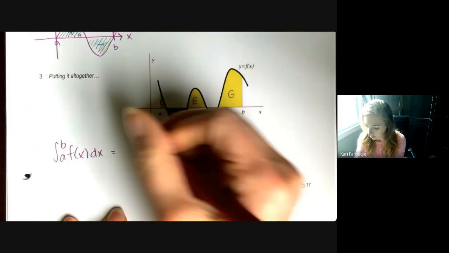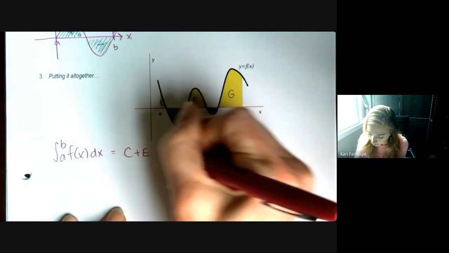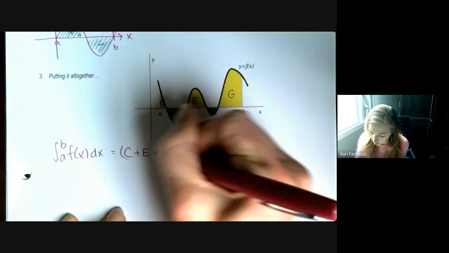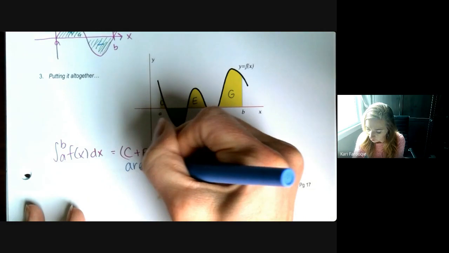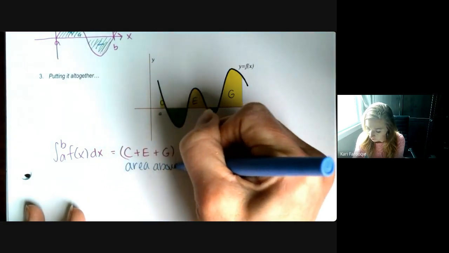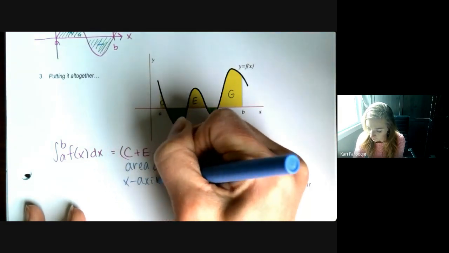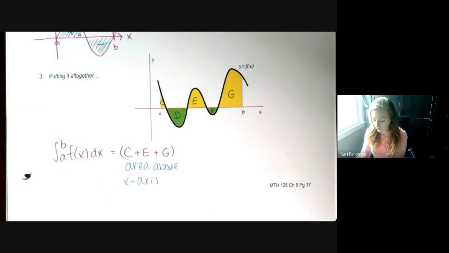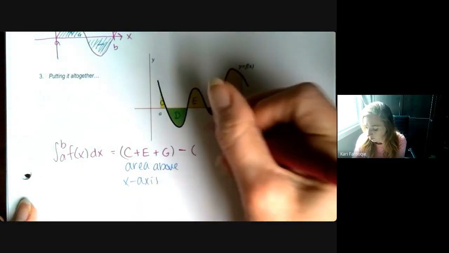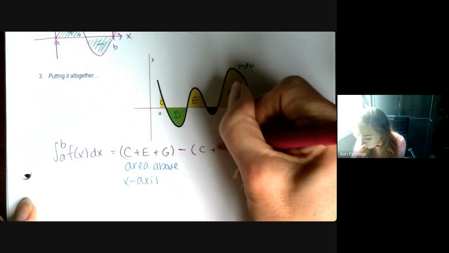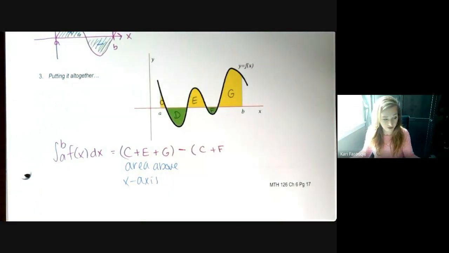So I'd be taking C plus E plus G. So this is the area above the x-axis. And then I'd be taking off the area below the x-axis. So anything down there will subtract some of those areas. Oh, let's see, that would be D.